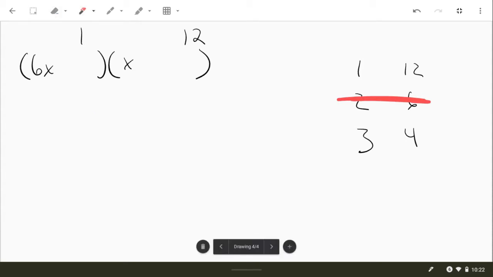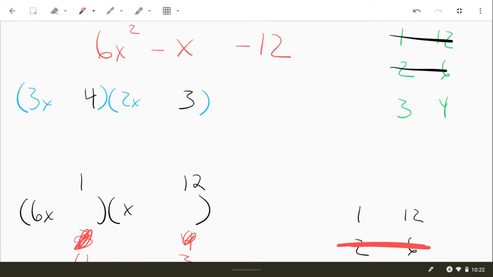All right, 3 and 4. You can't have a 3 and a 4 in this combo because 3 and 6 have a common factor. And you can't have a 4 and a 3 for the same reason. 6 and 4 have a common factor of 2. So that's the reason I wanted y'all to always check and make sure this thing doesn't have a greatest common factor to pull out first.